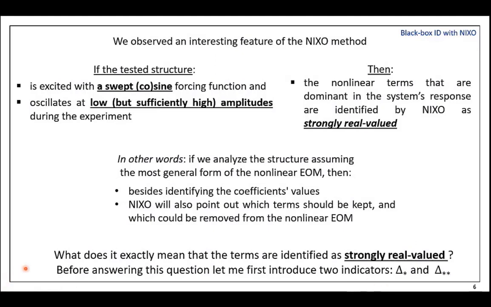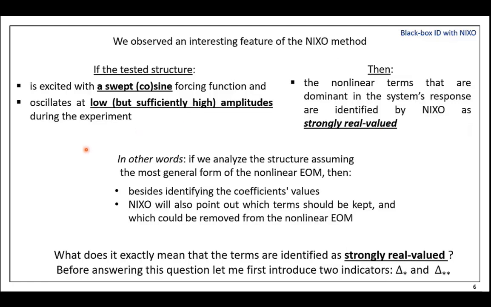When it comes to the black box side of NIXO, we observed an interesting pattern while testing it in several case studies. Namely, if the tested structure is excited with a swept sine, and when it oscillates at low, however sufficiently high amplitudes, then the nonlinear terms that are dominant in the system's response will be estimated by NIXO as what we call strongly real valued.